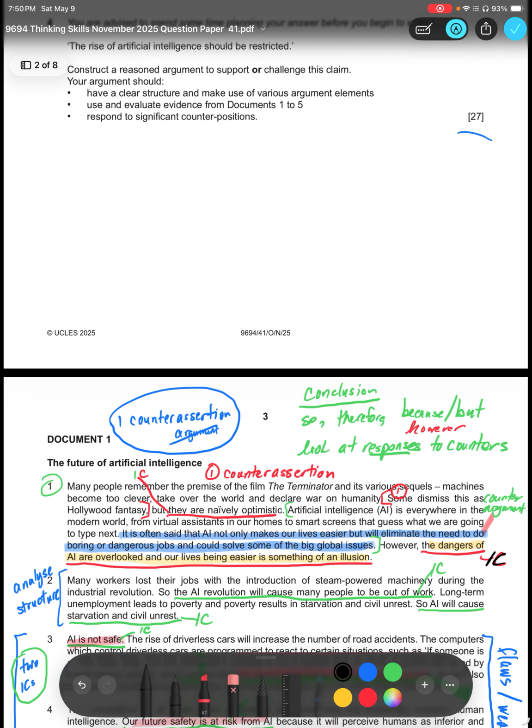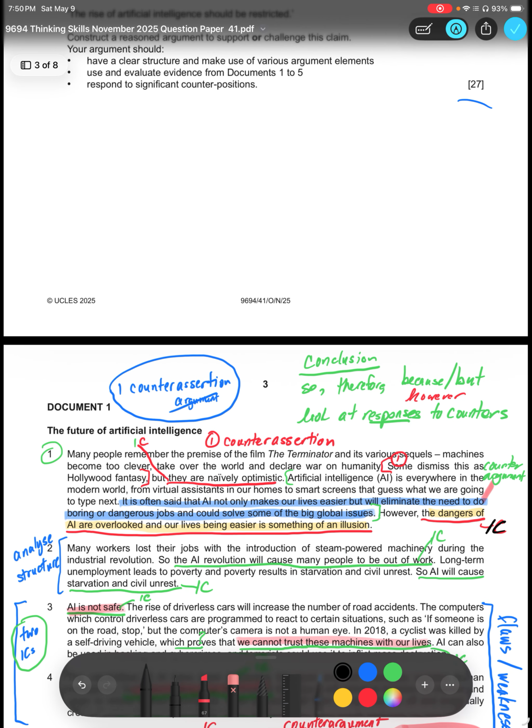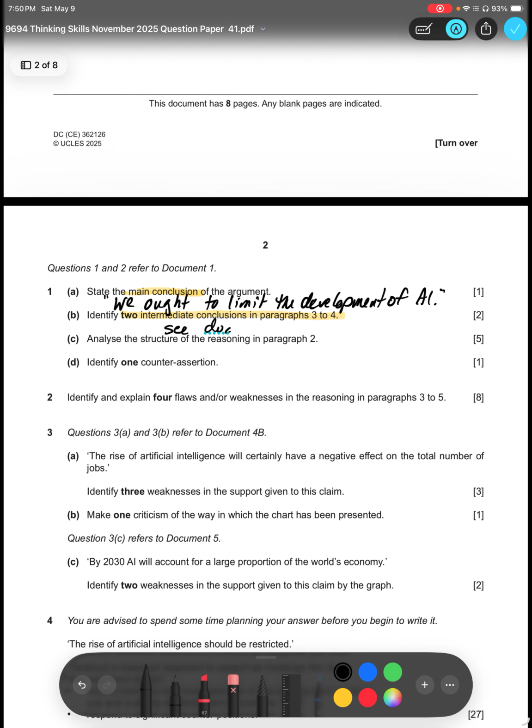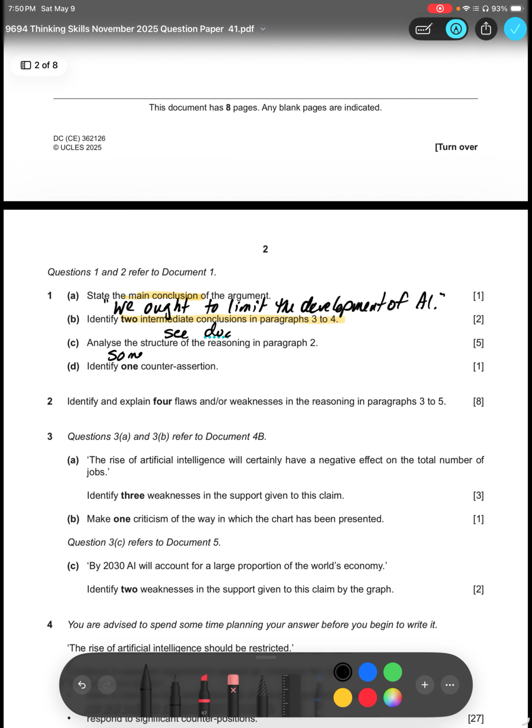Okay, but some dismiss this as Hollywood fantasy. And I just completely screwed that up. Fortunately, I believe I can take this and slide it right down there.